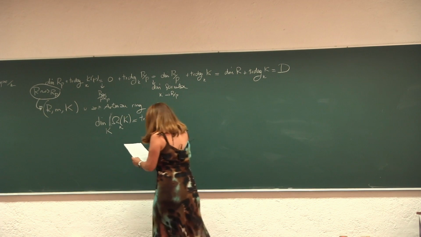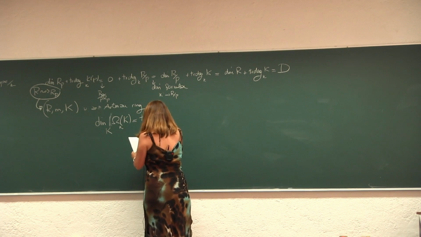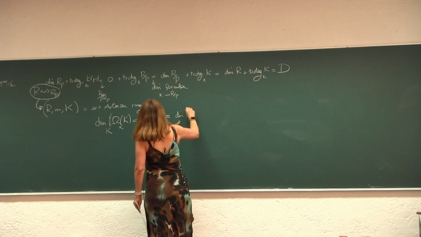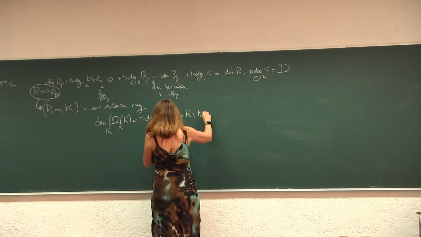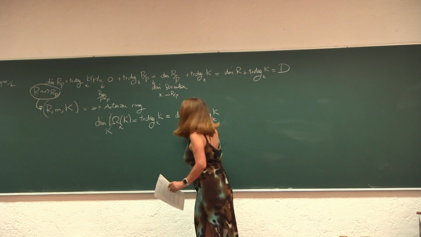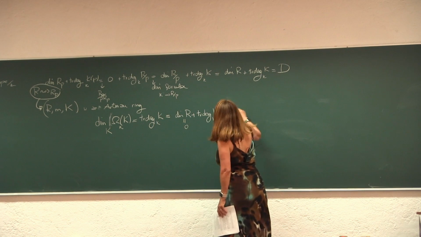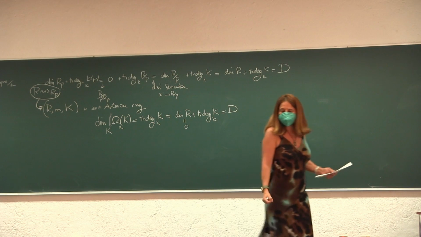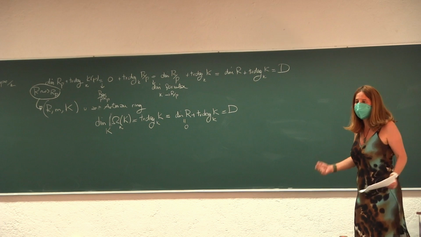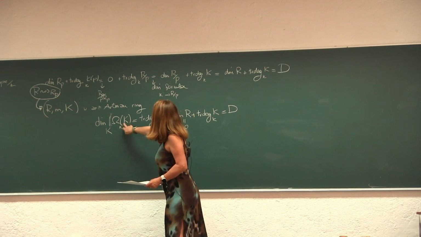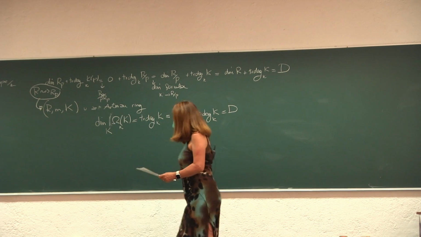But the transcendence degree of K, because the dimension of R is 0, is the dimension of R plus the transcendence degree of K, because this is 0, and this is D. So this tells you that this dimension is D. Okay? In this case, because it's an Artinian ring.